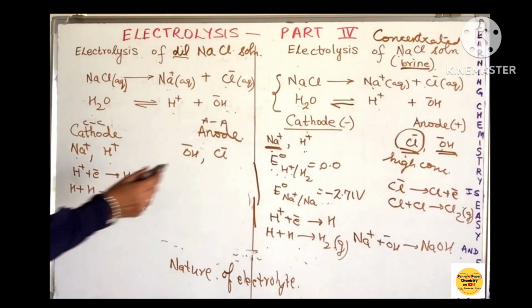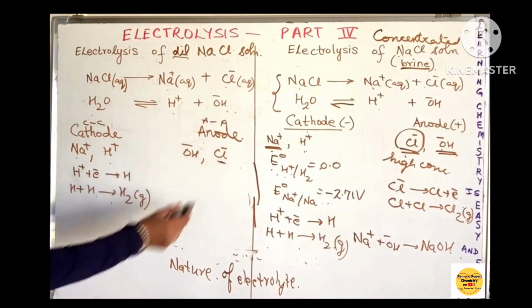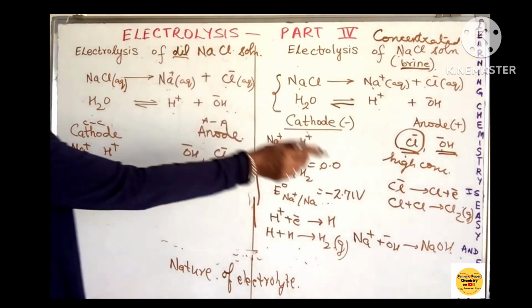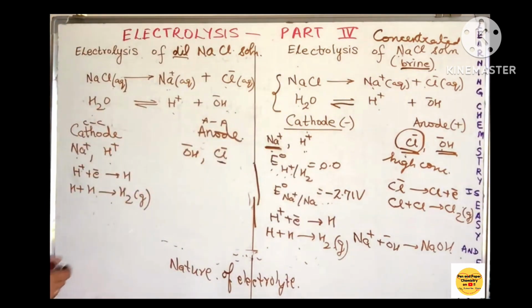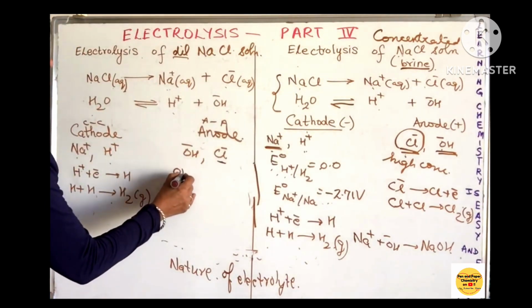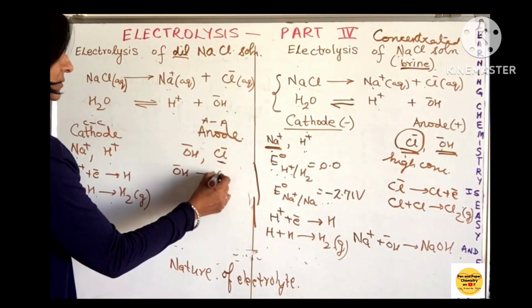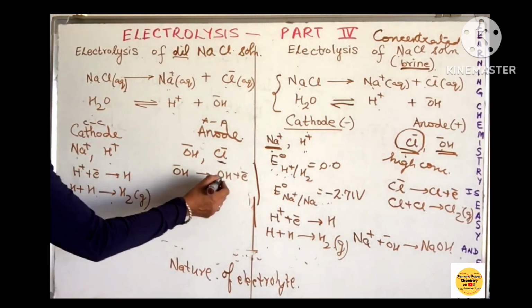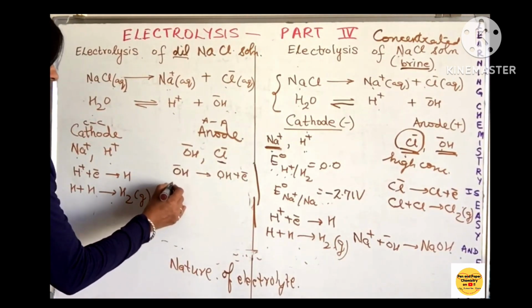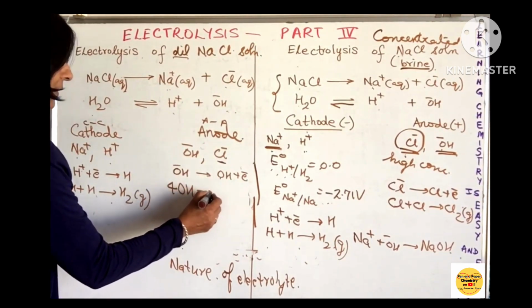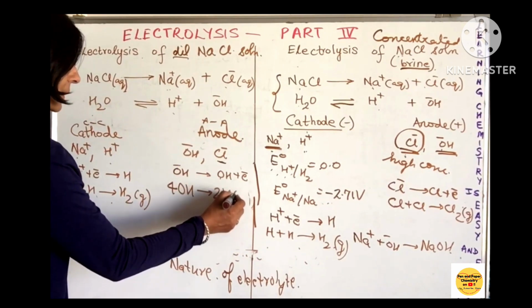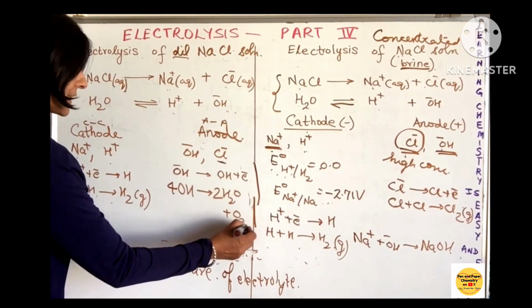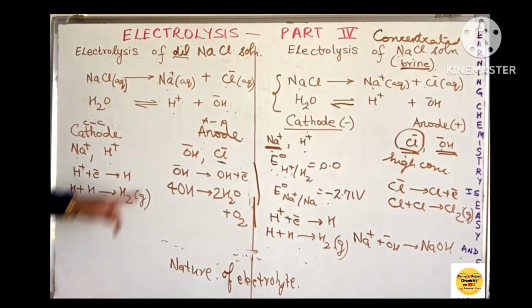So because the concentration of the chloride ions now is not so high, unlike when we have a concentrated solution, here it is the hydroxyl ions which will turn to OH. Now OH cannot exist, so again we will have 2H2O plus O2. So what gas is liberated at the anode in this case?